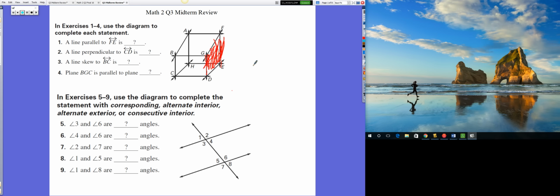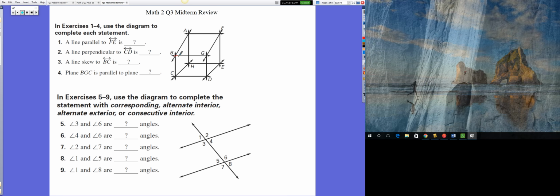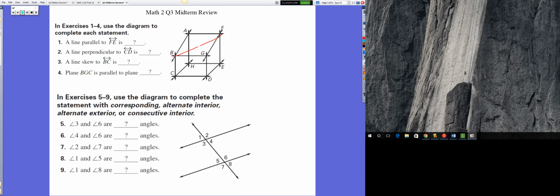So GD would work, or AH, or even you could do BC. And this plane would be kind of like if you put a diagonal here and here, it would be this plane right here that would touch both EF and BC, and those two lines would be parallel. So 3 different answers.